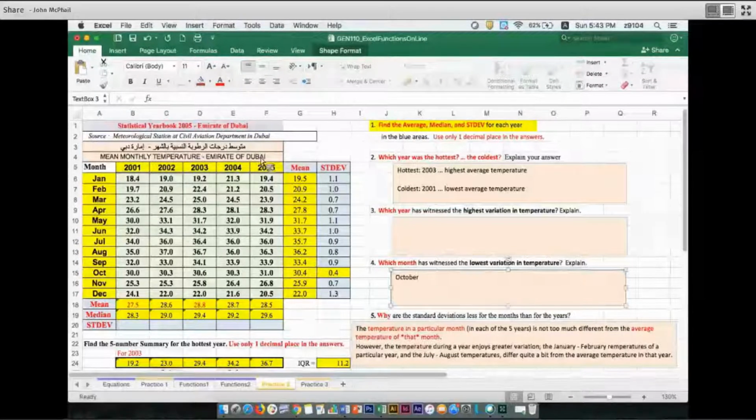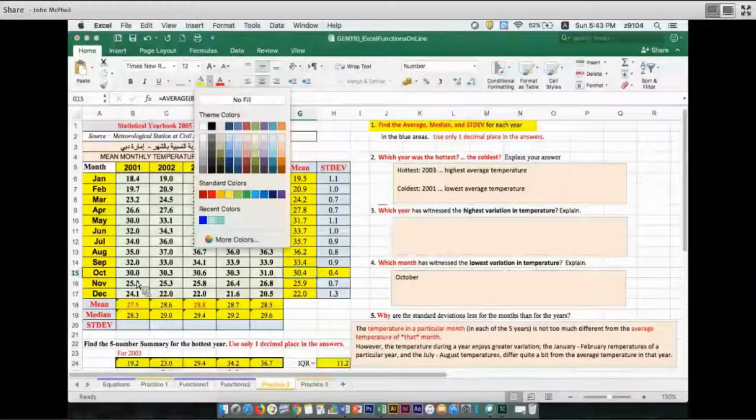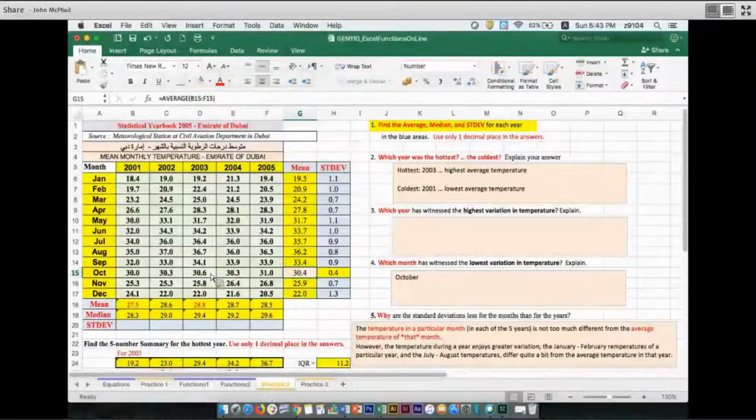The average temperature in October is 30.4. And if you notice, we've taken the average of 5 temperatures, and these 5 temperatures do not differ very much from 30.4. 2 of them differ by only 0.1. One differs by 0.2. Another differs by 0.4.